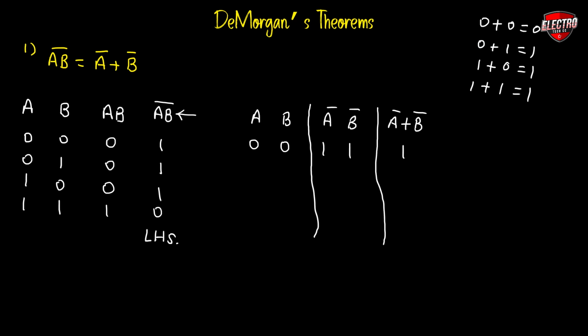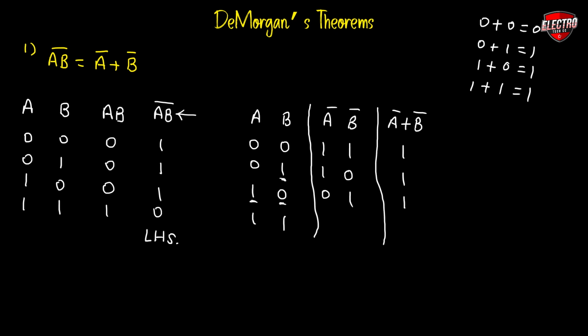The second input is 0 1. Then the complement of 0 is equal to 1 and the complement of 1 is equal to 0. If we add both signals, then we get output 1. The third combination is 1 0, the complement of 1 is equal to 0 and the complement of 0 is equal to 1, and if we add both, we get output 1.